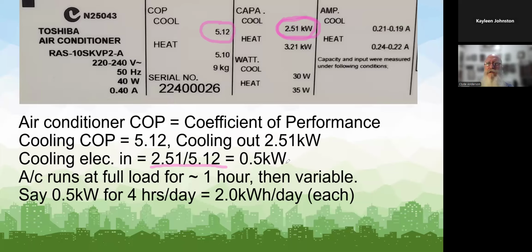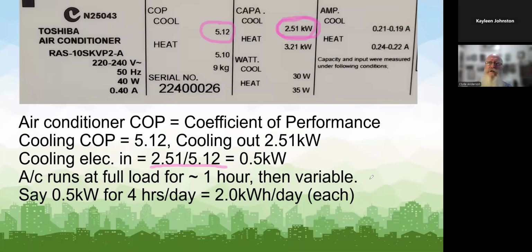So that's good, we've got the power, but how often does it run at full load? Well, it runs at full load for typically less than an hour each time it's turned on, depending on the temperature of the day. I haven't done heating here, but you can see the heating numbers are slightly different. For cooling, which is typically the main use of electricity for air conditioning, it's full load for about an hour, and then after that it'll be variable.